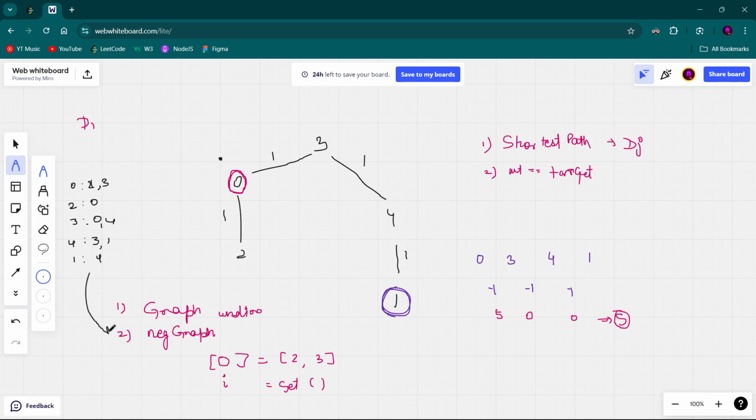The negative graph would look like this. And the graph would simply look like this, if I'm starting with node 0, it would be 0, 1, the simple graph. Or 3 would look like 0, 1 and 4, 1. This is the thing. So I'm erasing this. Hope you understand the graph also.